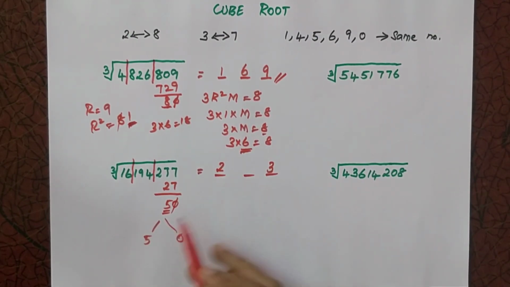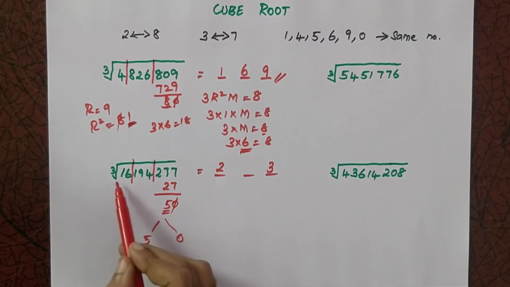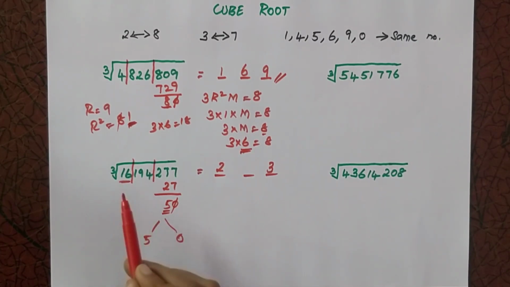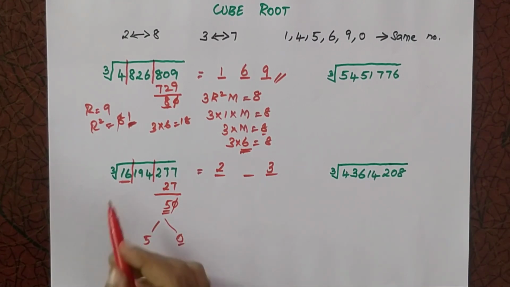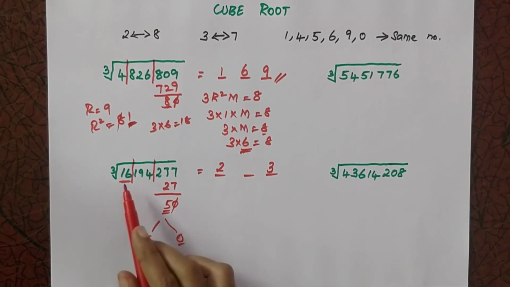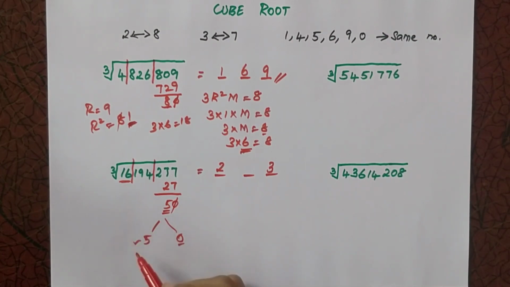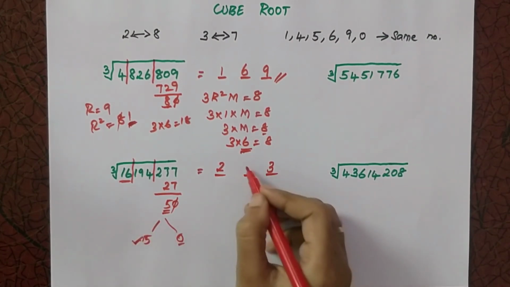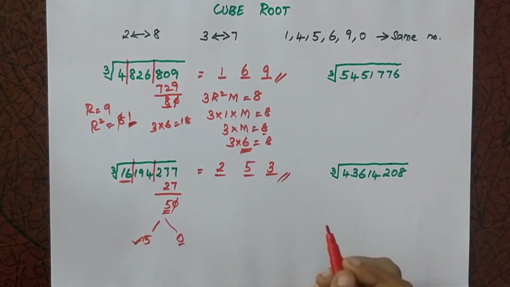So your middle digit will be either 5 or 0. If the first set is a perfect cube, then we have to consider 0. If it is not a perfect cube, then you have to consider 5. Here 16 is not a perfect cube, so I am considering 5 here. So your answer is 253.